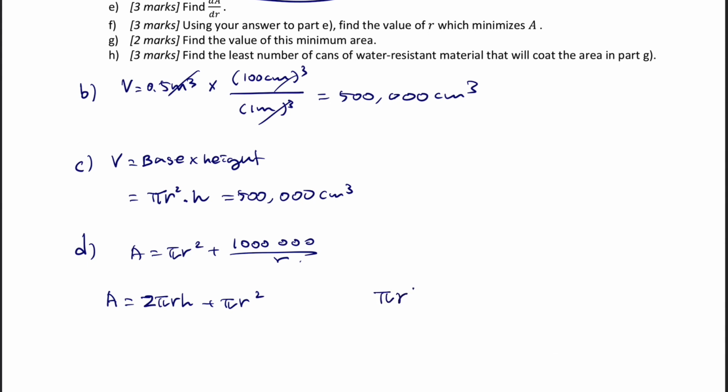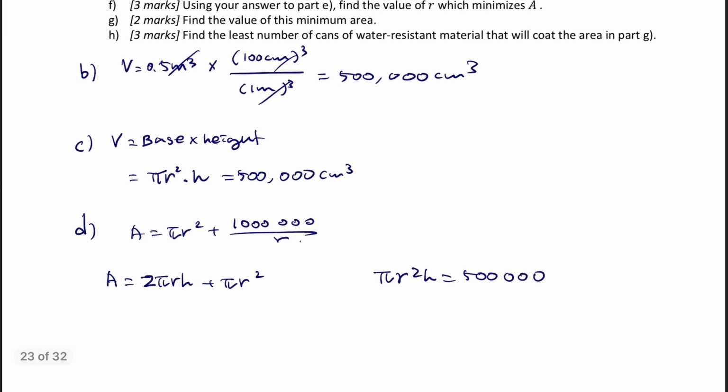So pi r squared h is equal to this value. We have pi rh in the surface area formula, and pi r squared h in the volume formula.